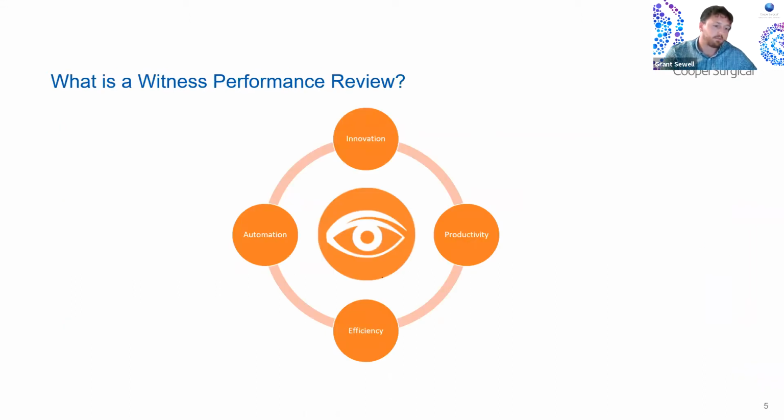So the burning question, what is a witness performance review? Essentially, a performance review is where someone from the application team would visit your lab, either on-site or virtually, and review the current witnessing system. We would start by going through some presentation slides showcasing the new and existing benefits such as traceability, materials, and cryo.